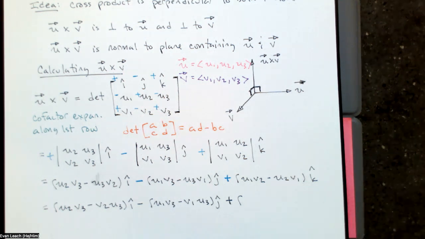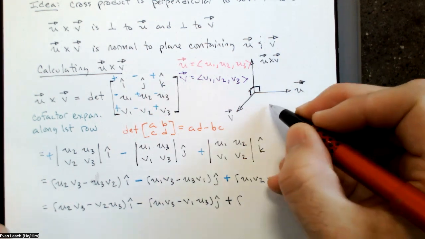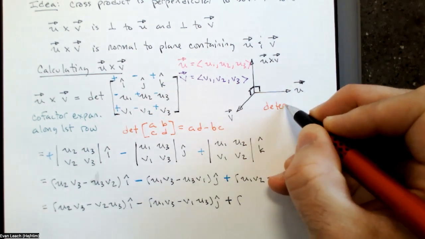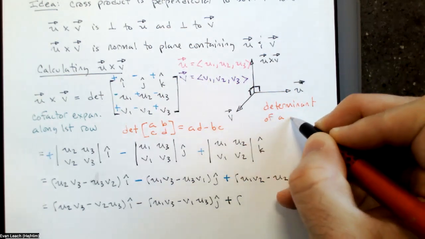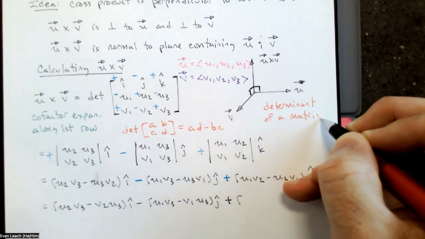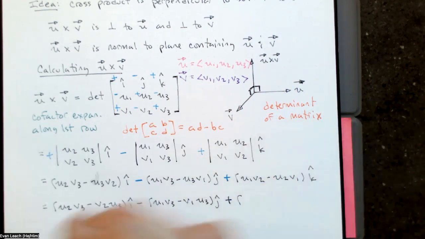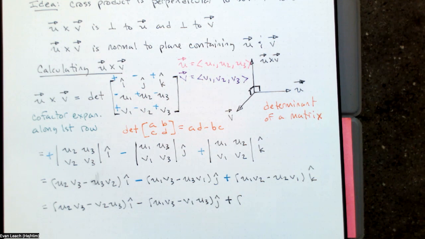So what we're looking at is a determinant. For our purposes, this is just a function that assigns to square matrices a real number.